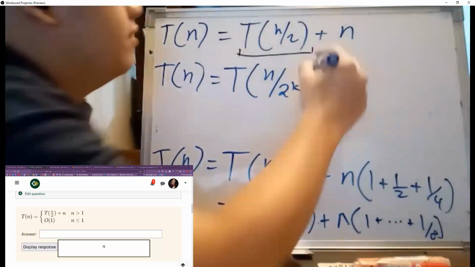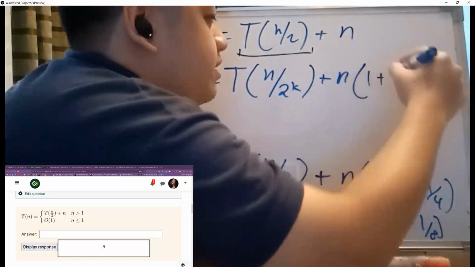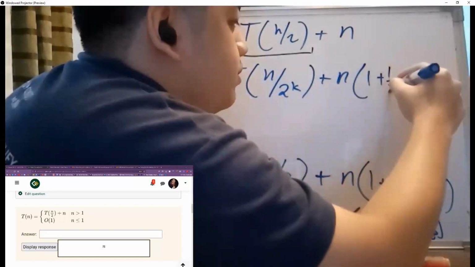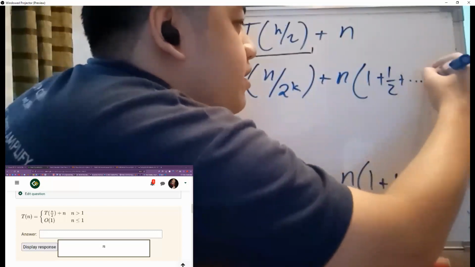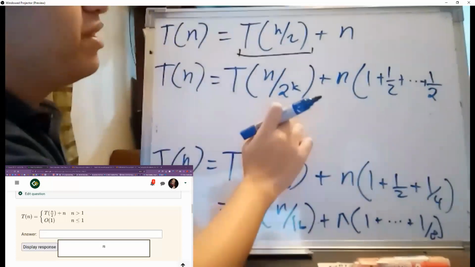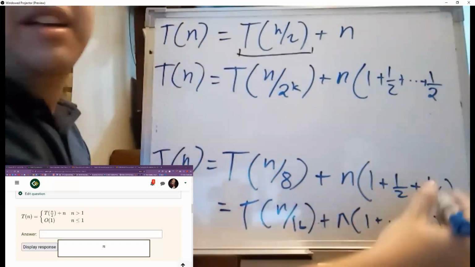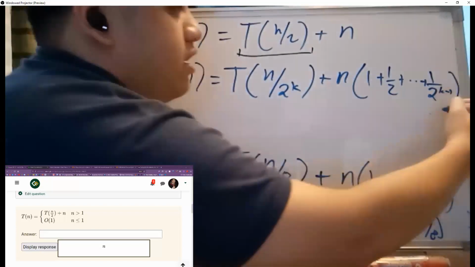And si N naman, 1 plus 1 over 2 plus dot, 1 over 2 to the K. Pero, hindi pa kasama si 2 to the K, yung 2 to the K minus 1. Okay.